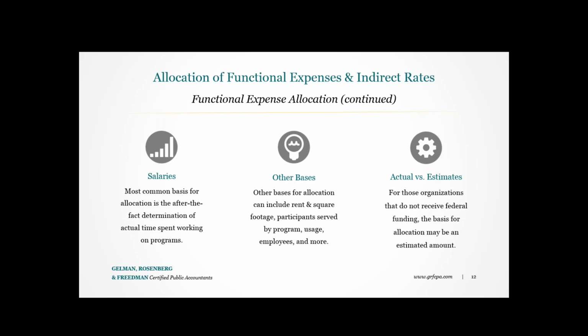But that all goes back to the actual versus estimates topic that we have here. Really, the more an organization can track how employees are spending their time, specifically for that salaries line item, the better understanding you're going to have of what it takes in costs to run a program.